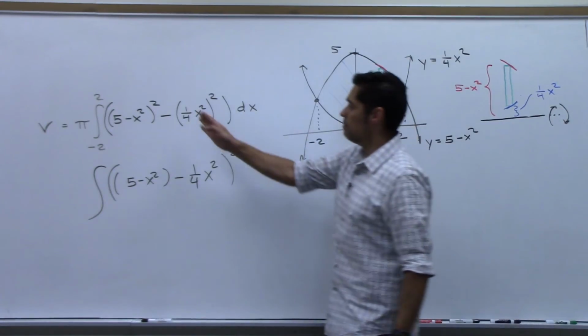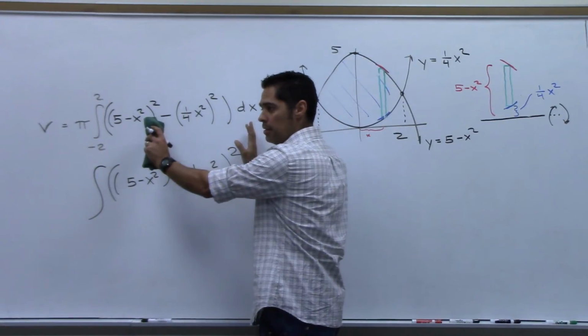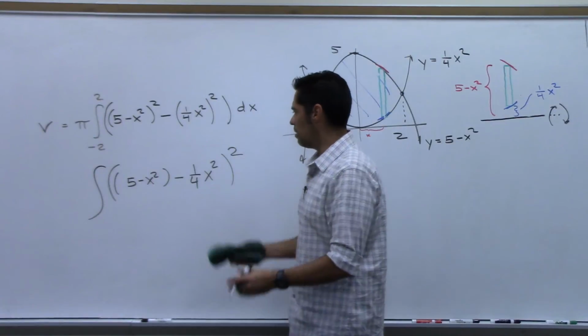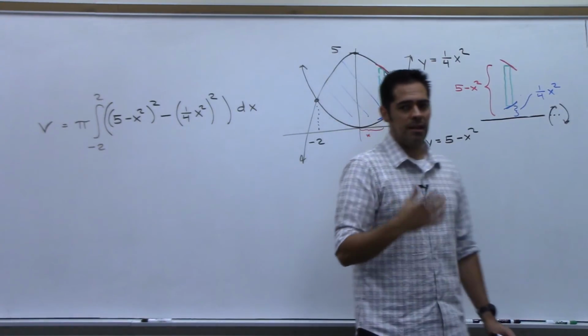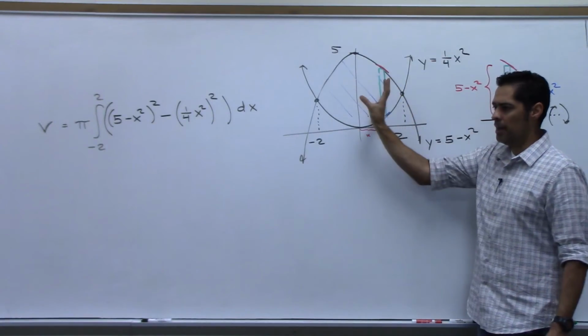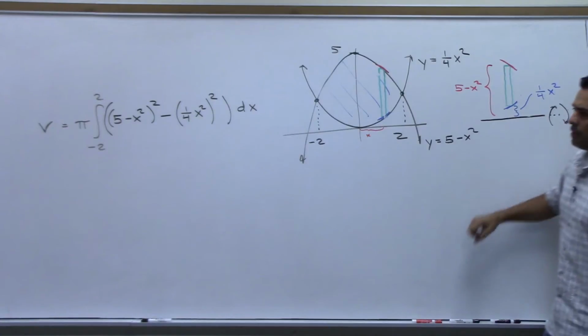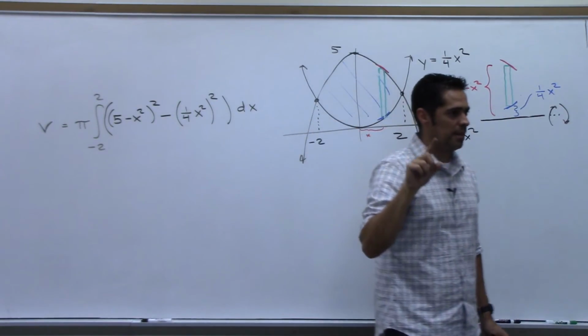You square the outer radius, you square the inner radius separately. Because these aren't the same things, are they? Right? No. These are not the same things. So just be careful, because when I'm grading these, the things I'm going to be looking for are your picture, your diagram, your setup of the integral. All parentheses have to be in the right place, squares have to be in the right place.